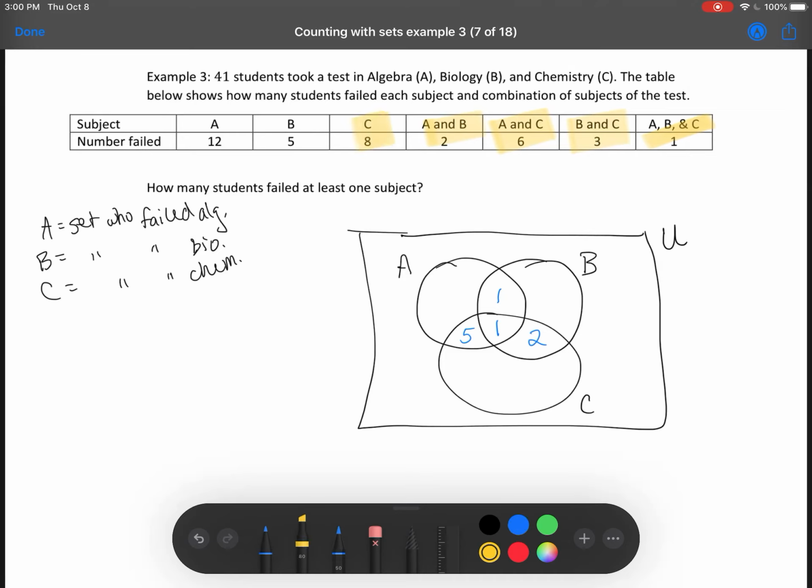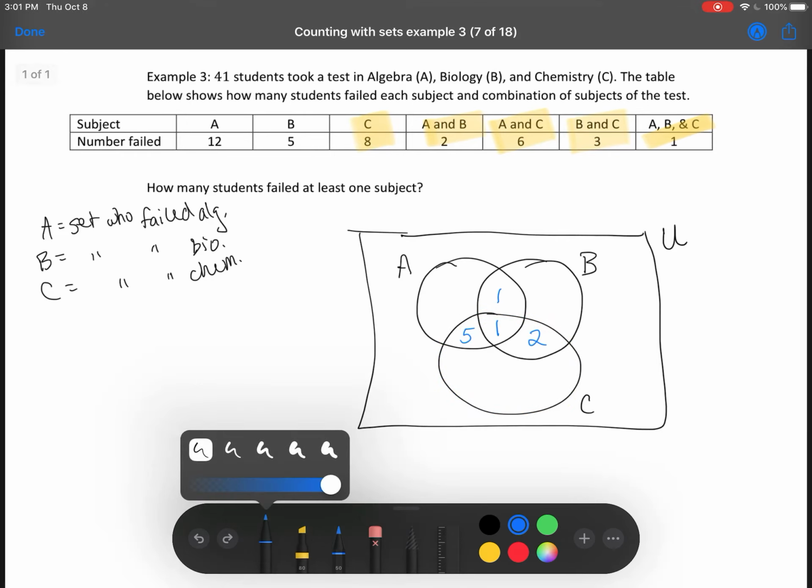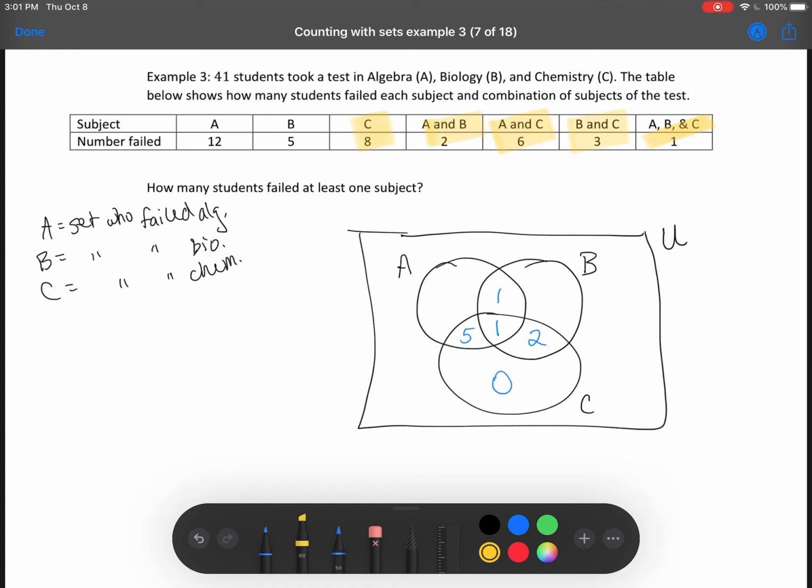Now this says 8 people total failed chemistry, so the number in our chemistry circle has to add up to 8. We have 5, 6, 7, 8 already, so that means there were 0 people in this part here that failed only chemistry, since the C circle already adds up to a cardinality of 8.